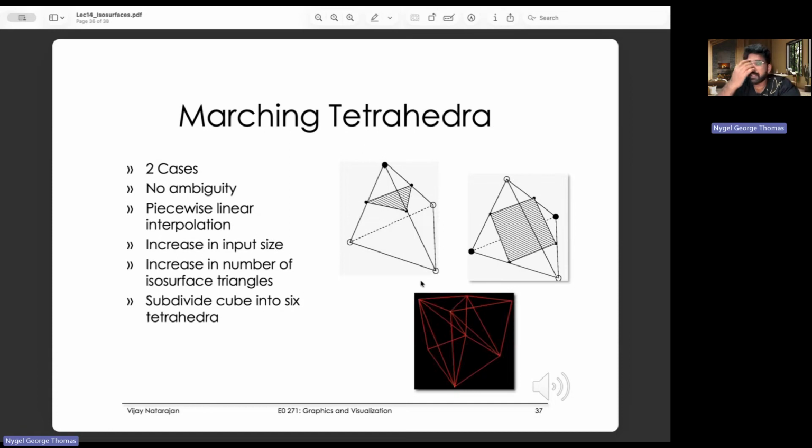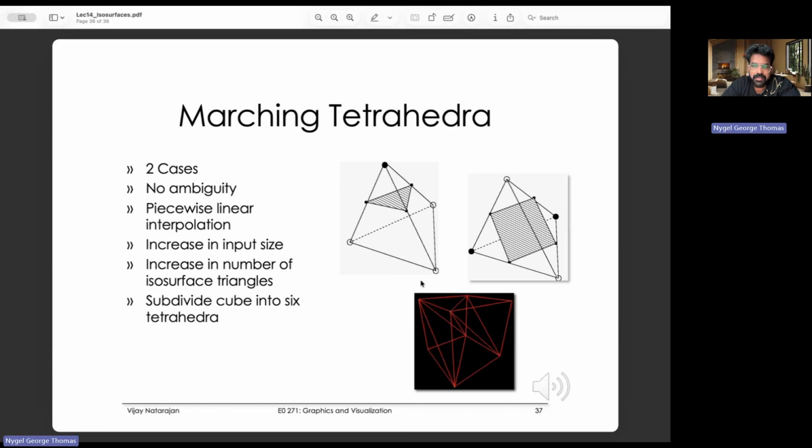Now let's look at the marching tetrahedra setting. In tetrahedra, we only have 4 vertices for this 3D shape.